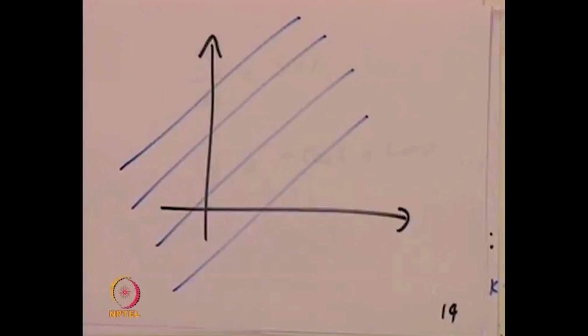Now we have to say a little more carefully, draw a curve of slope m between 0 and 1, which has a particular value at 0 and some other value at 1.